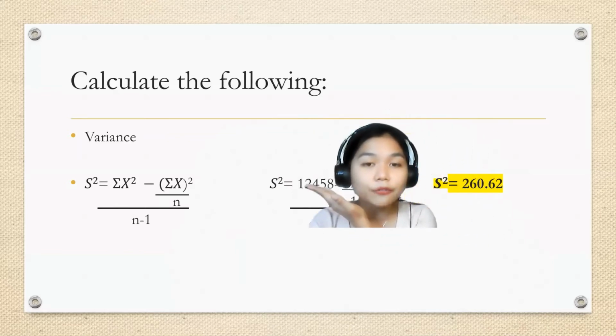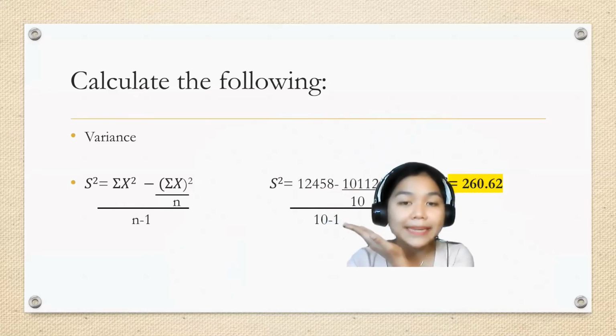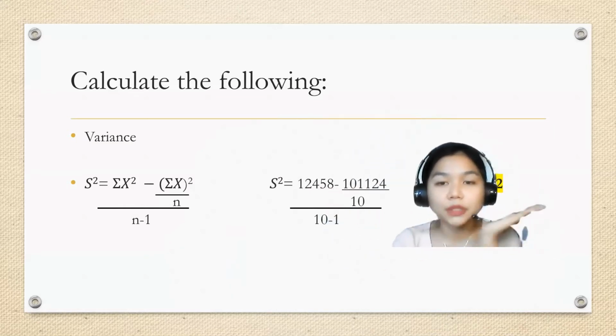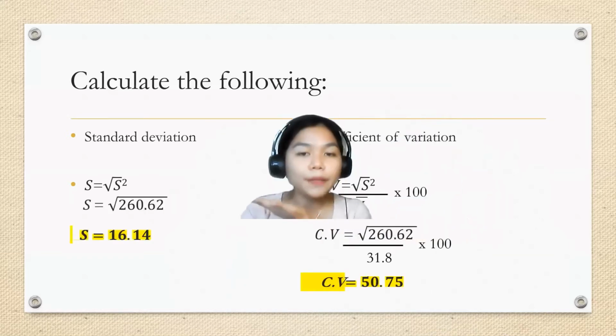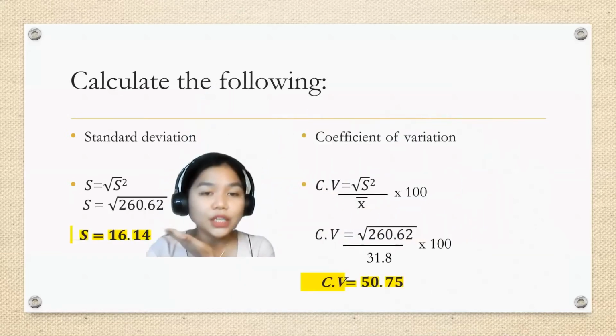Subtract the value from 12,458, and then divide it by 9, which is the degrees of freedom. So we acquire 260.62.